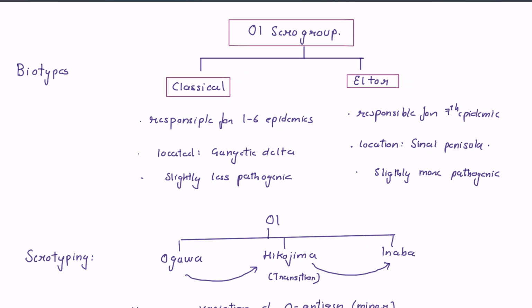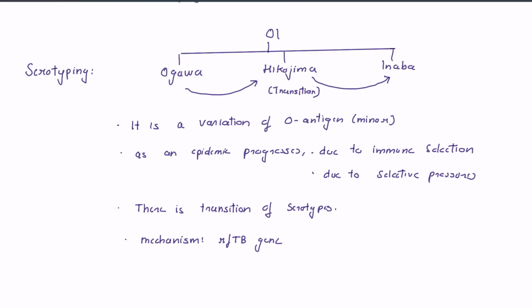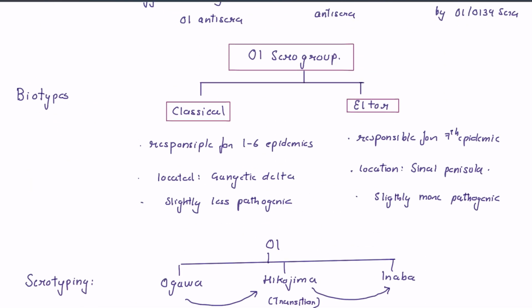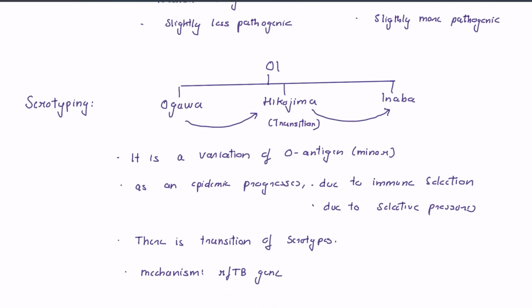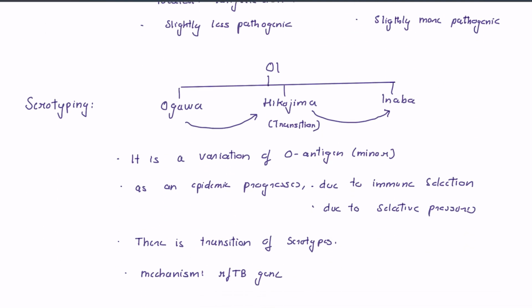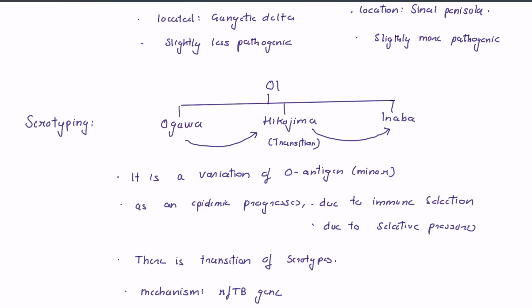Now serotyping. Now the O1 serogroup is there, right? Based on the minor variations in the O antigen, we classify it into Ogawa, Hikojima and Inaba. These are Japanese names. I know it is tough to pronounce, but you can just slightly remember. So what is the use of these Ogawa, Hikojima and Inaba?